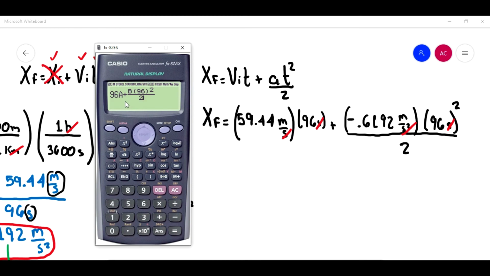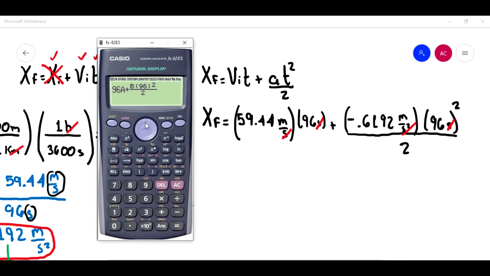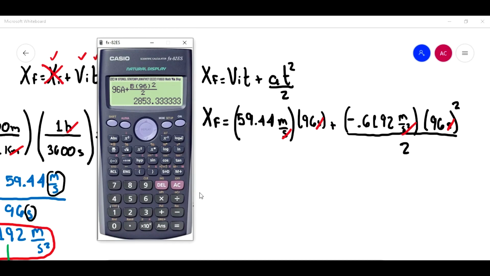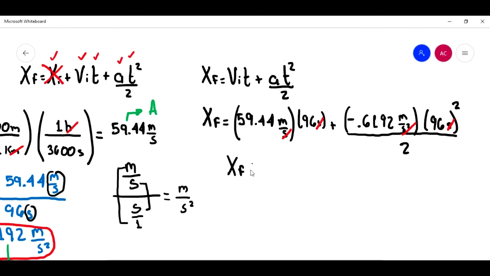Maybe your calculator is different, so your operation is going to be different. It is important that you know how to enter the operations in your calculator. So I'm gonna hit the equals button. Okay, so that is the answer in meters. That is the position, that is how far the airplane went. So final position equals 2853.3333 meters.